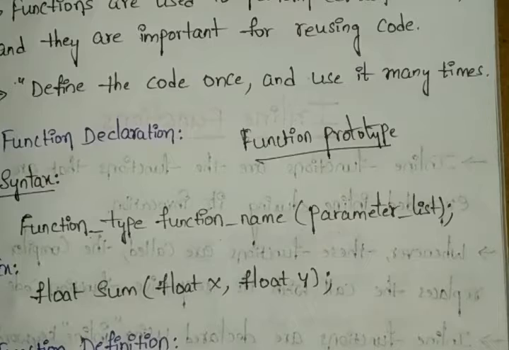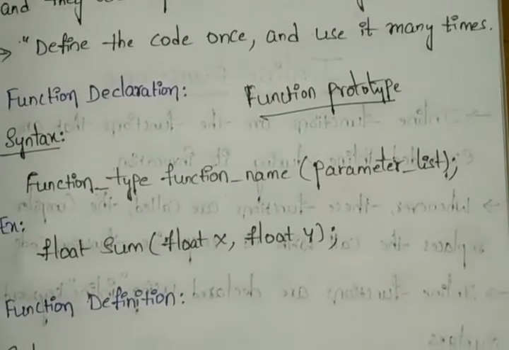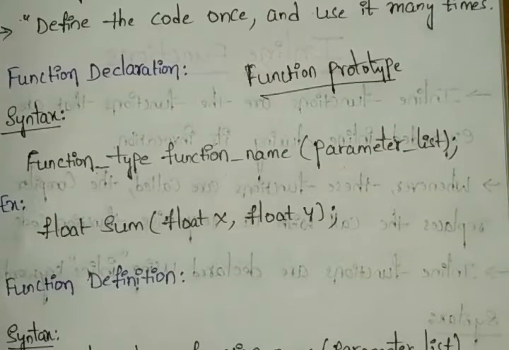And next, how to perform the function definition. The function definition is the complete description of the function, meaning what the function does and how it will be performed. The function definition has the function body.